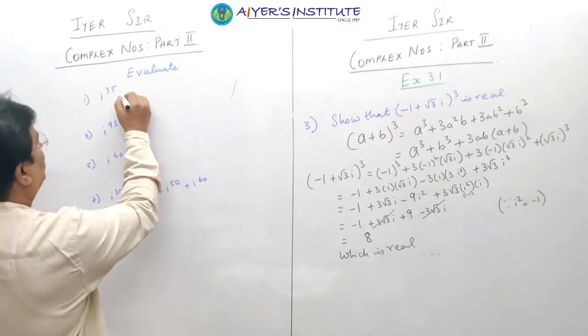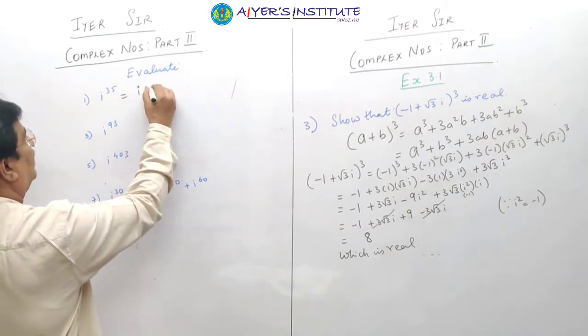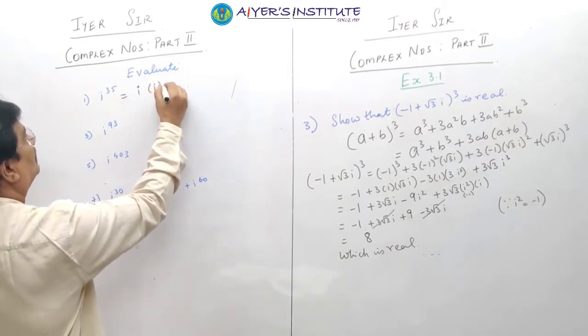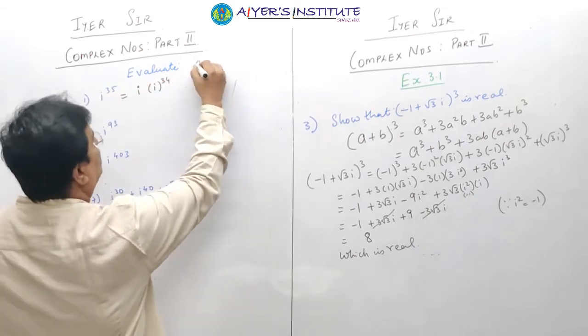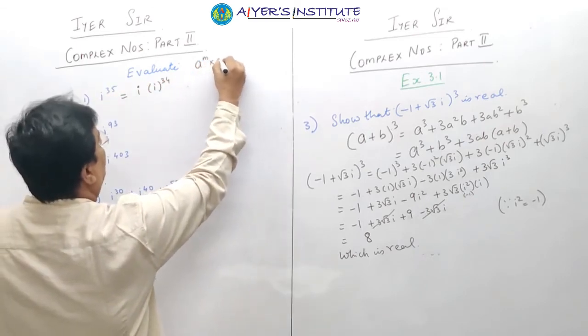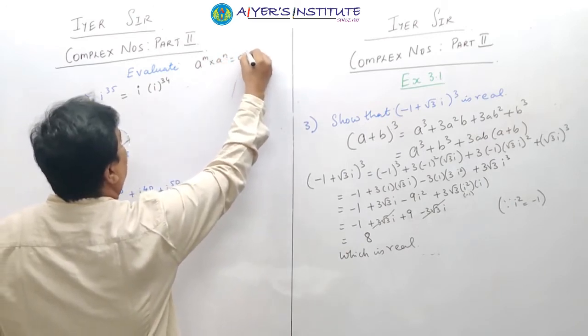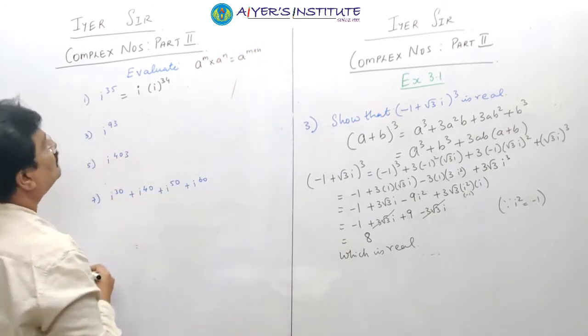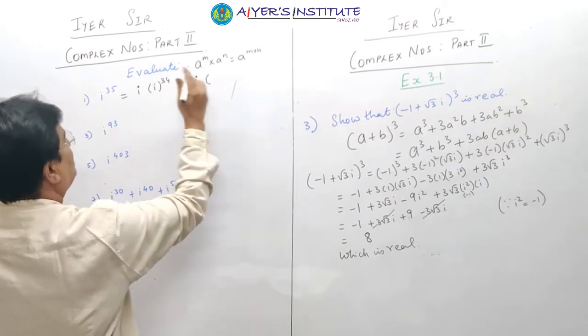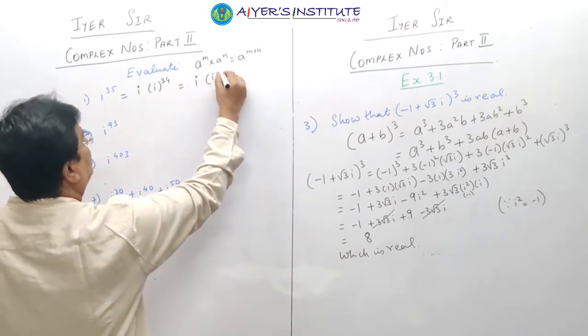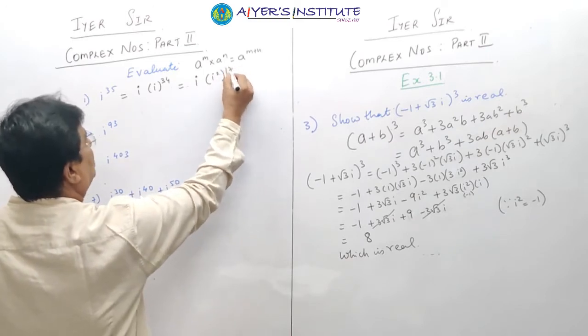And the remaining, we take out 1 i and write i raised to 34, because 34 plus 1 is 35. It is the rule of indices: a raised to m into a raised to n is a raised to m plus n. Then we express the inner part. This I write as i square raised to 17, because 17 times 2 is 34.